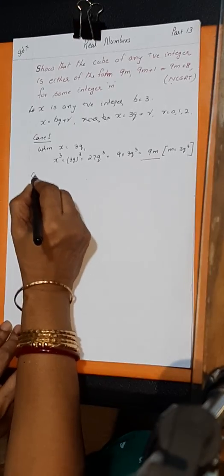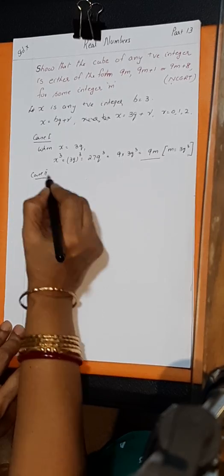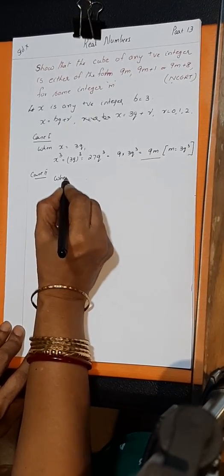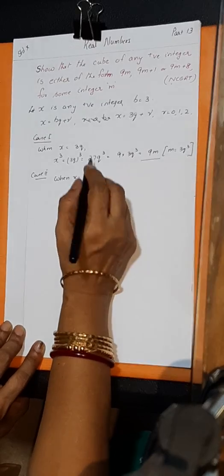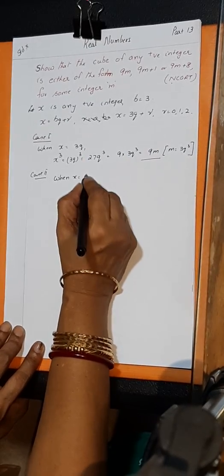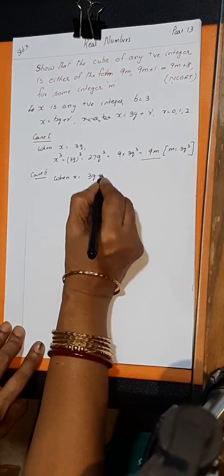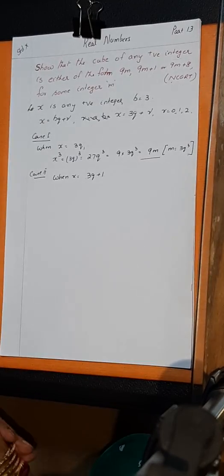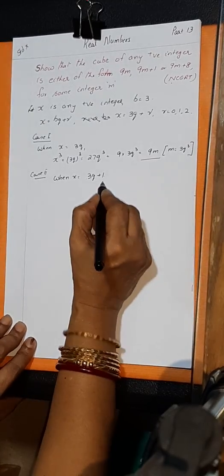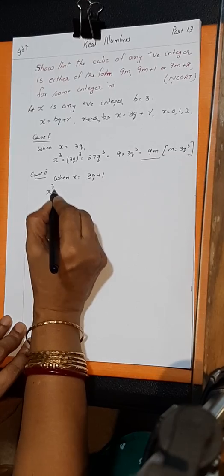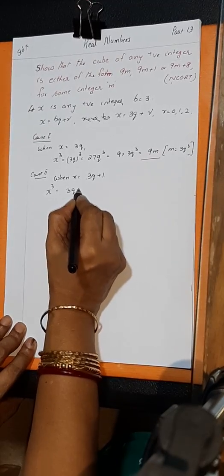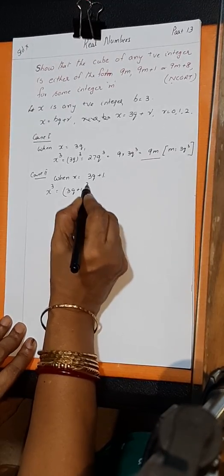Now when x is equal to 3q plus 1, here x cube is equal to 3q plus 1 the whole cube.